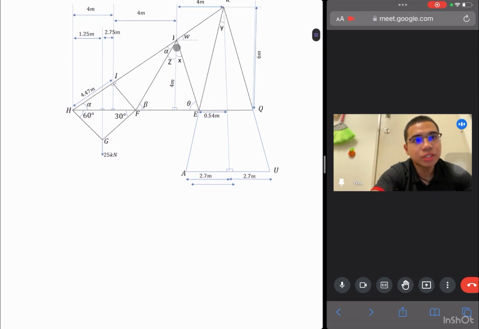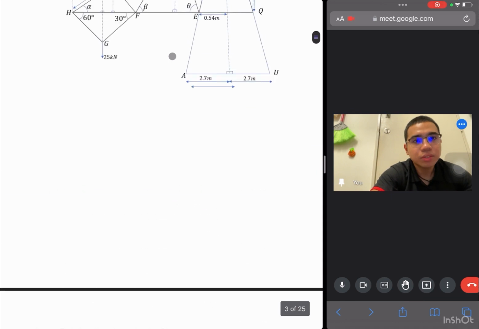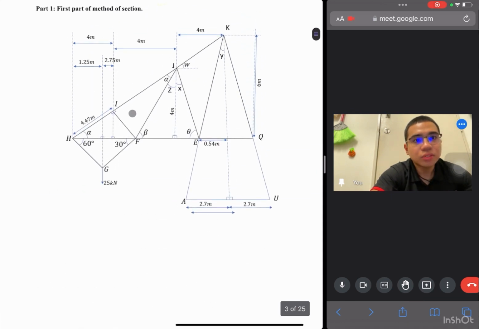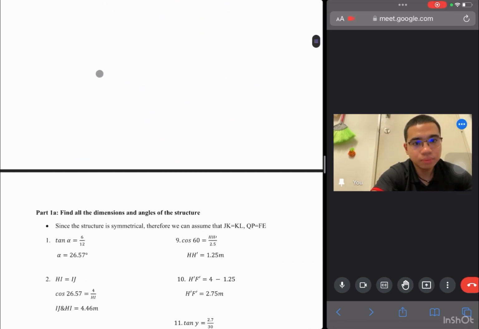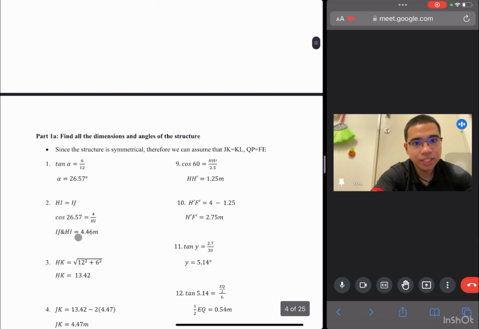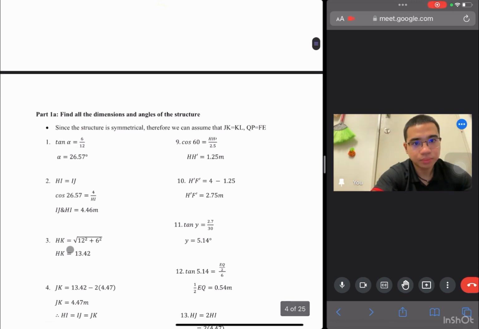By using cos, since the hypotenuse is 4 meters as given here, to find this length, HI and IJ equal 4.46.